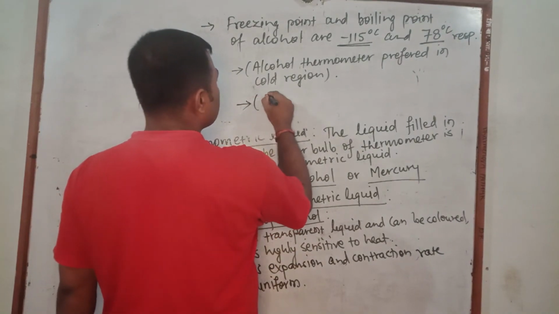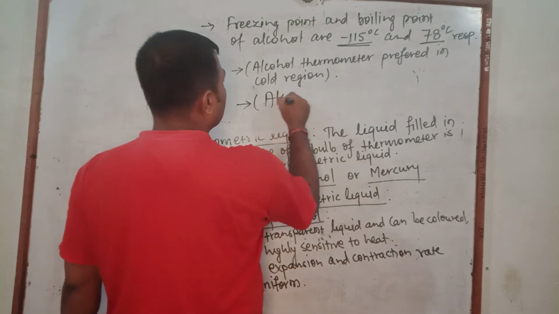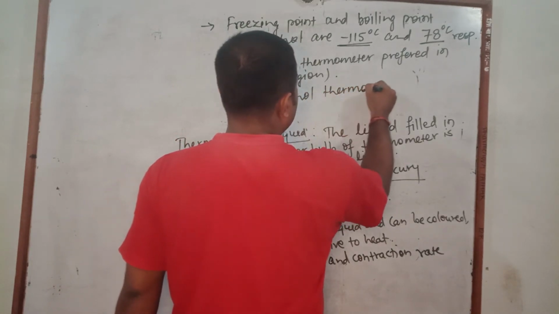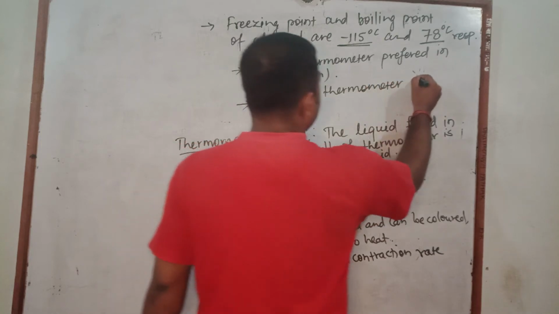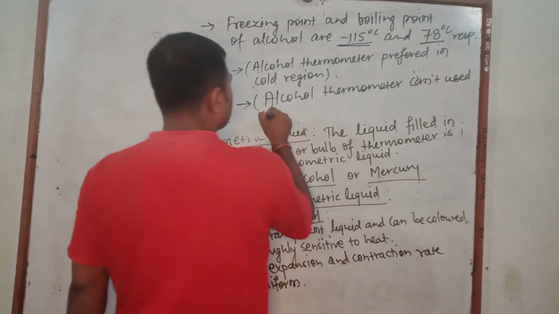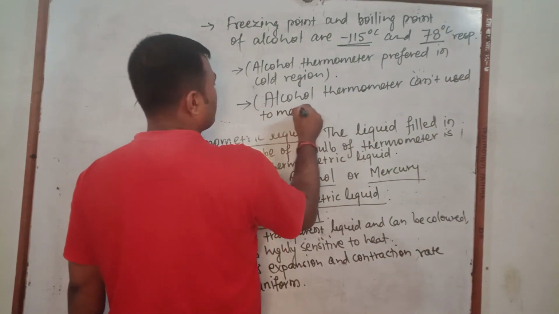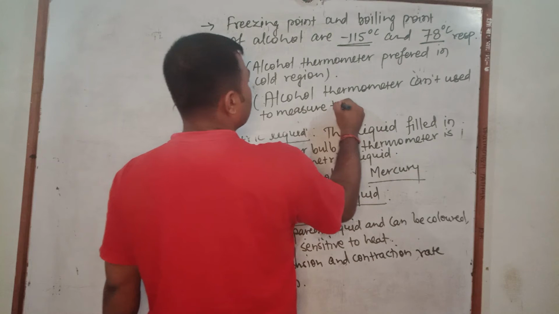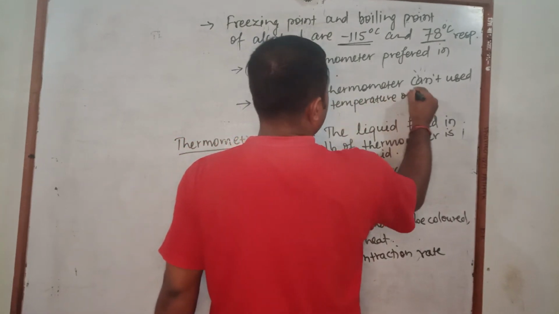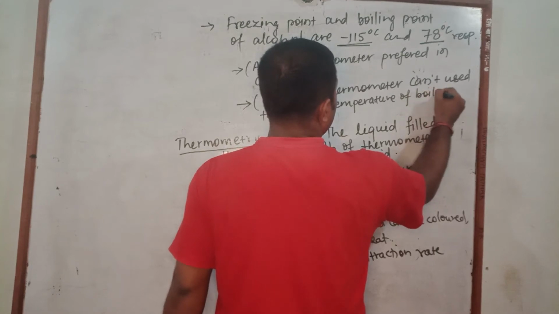Therefore, we can write alcohol thermometer can't be used to measure temperature of boiling water.